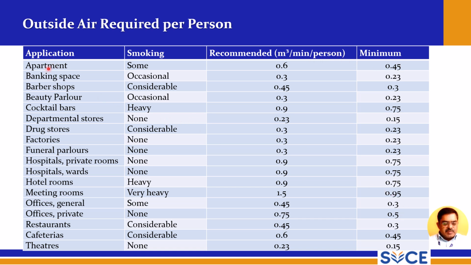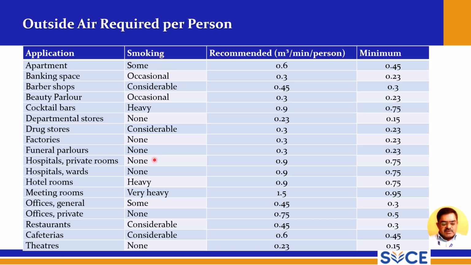These are all the applications: apartment, banking space, barber shops, beauty parlor, cocktail bars, departmental stores, drug stores, factories, funeral parlors, hospitals, private rooms, hospital wards, hotel rooms, meeting rooms, offices, general offices, private offices, restaurants, cafeterias, theaters, and smoking.